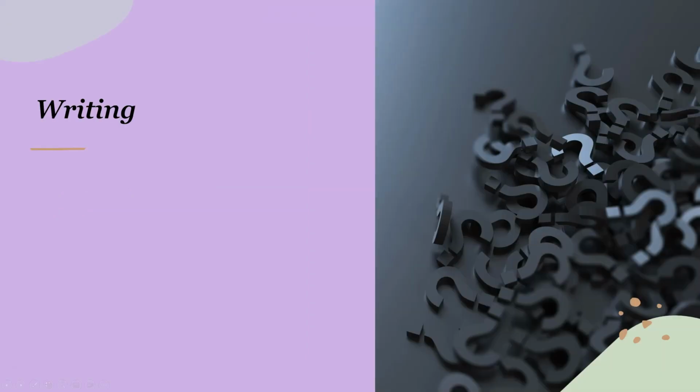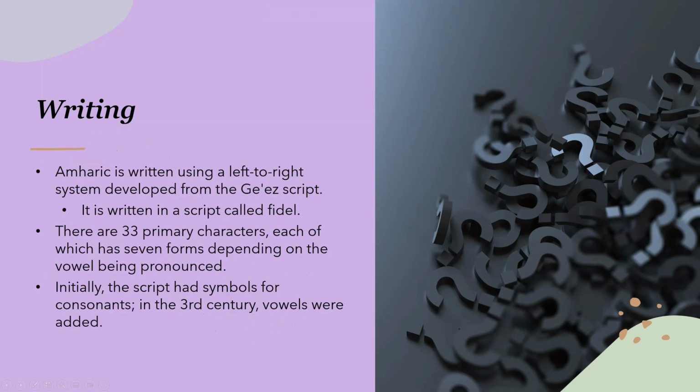And then some quick writing rules. Again, we're not going to be worrying about writing for the first few lessons, but just keep these rules in mind so that later on when we start discussing them, you're like, oh, I remember she mentioned this, or I have some idea of what she's talking about. Amharic is written using a left to right system developed from the Ge'ez script.